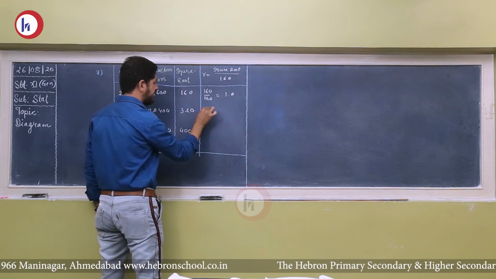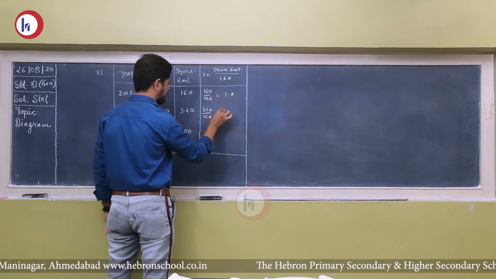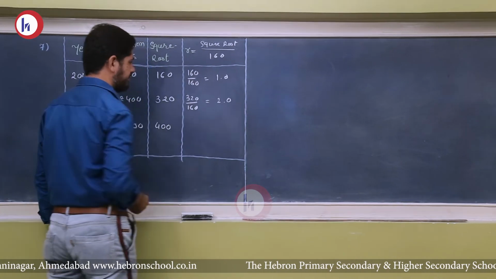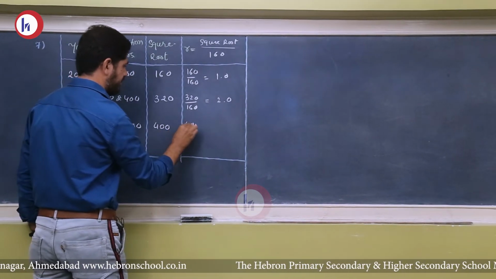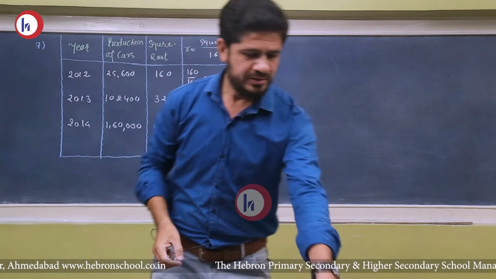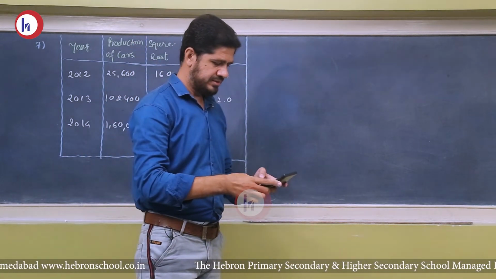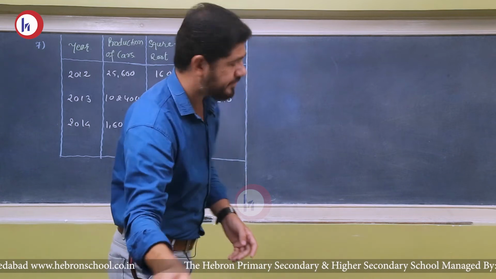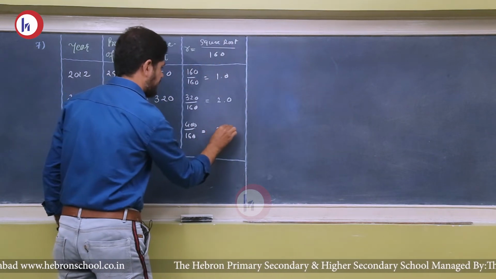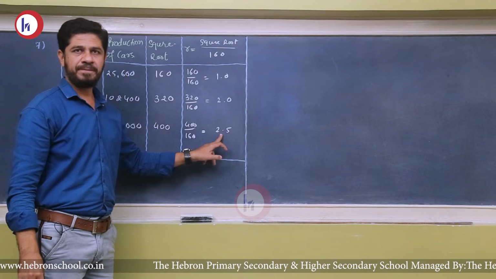Now 320 divided by 160 is equal to 2.0, and finally 400 divided by 160, it is 2.5. So now we can take these values as a radius.